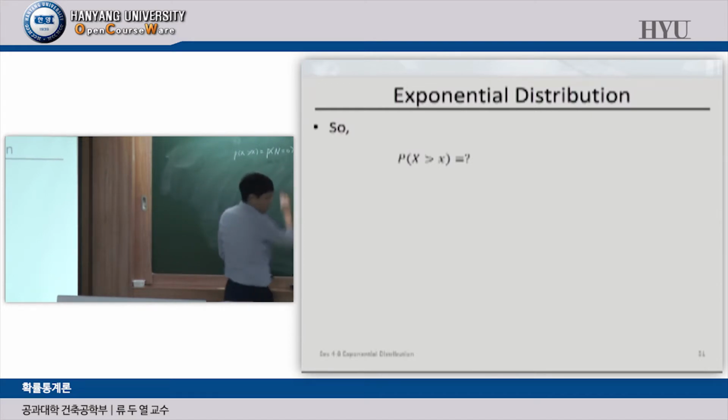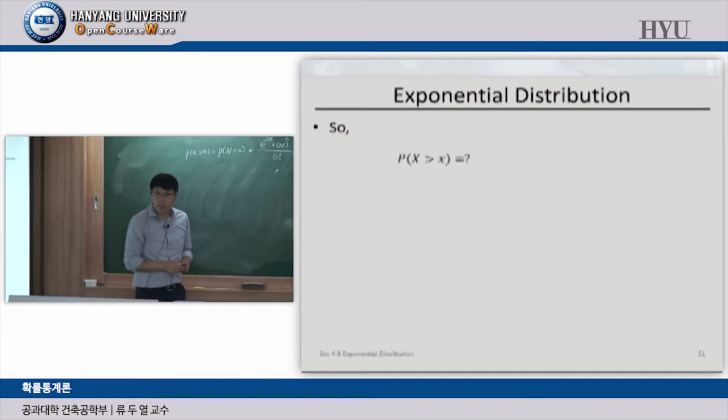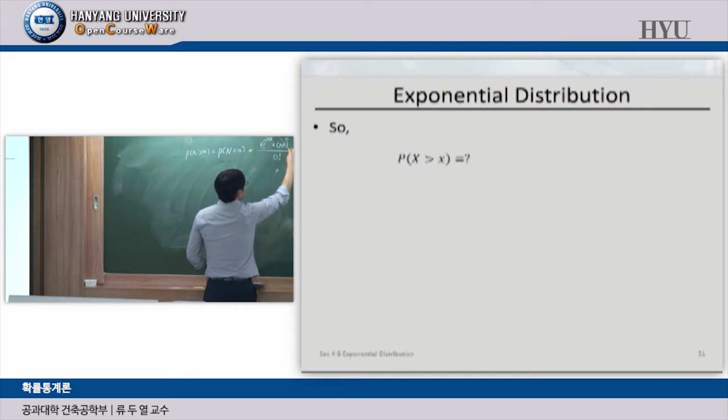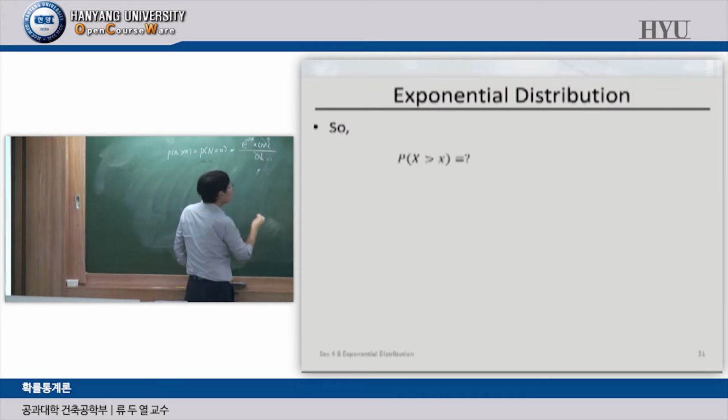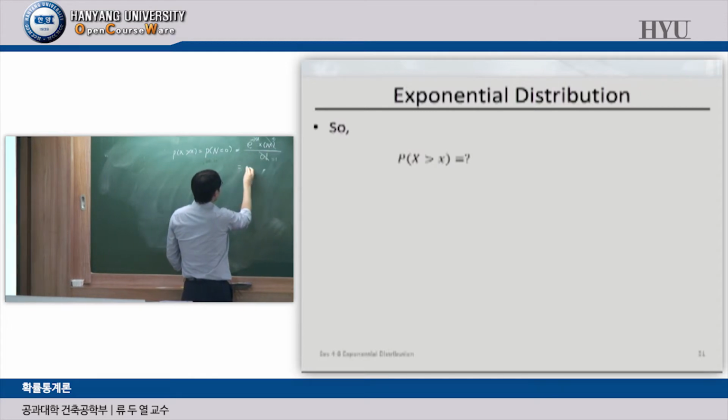So this should be equal to e to the minus lambda x multiplied by (lambda x) to the 0th power over 0 factorial, right? Okay? So this is equal to 1. So this should be exponential minus lambda x, okay?